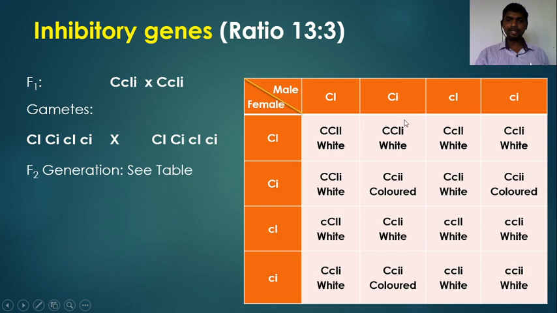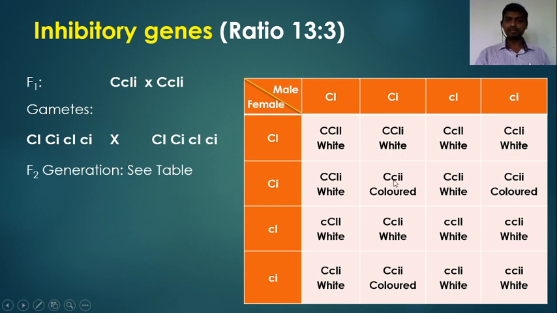The heterozygous inhibitory gene, capital I, small i, is present, while the dominant color-producing gene, capital C, is present too. It should be able to produce color, but because of this heterozygous I condition, this individual is not able to produce color. It suppresses the phenotypic expression of the color gene C, so the phenotype is white.